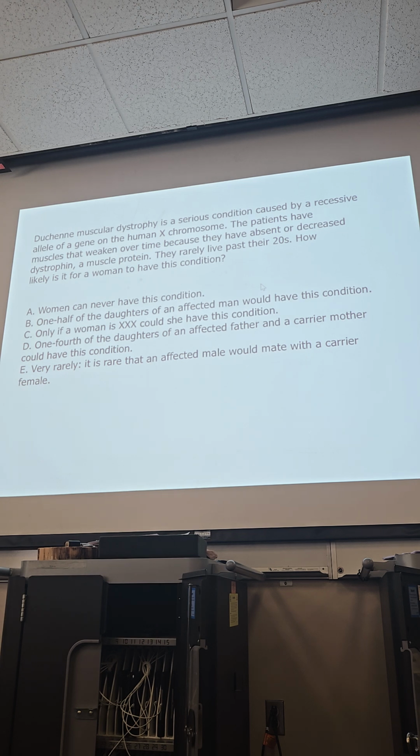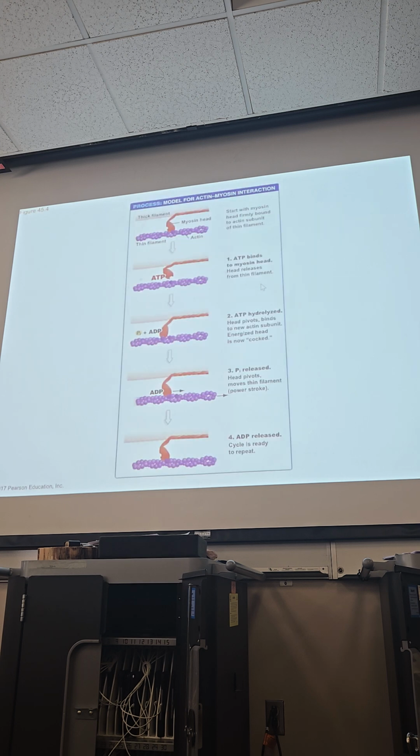For a woman to have this condition, dad must have it, and then mom must be a carrier of that. What is the likelihood of that ever happening? Very rarely. An X-linked trait mostly shows up in men, not women.